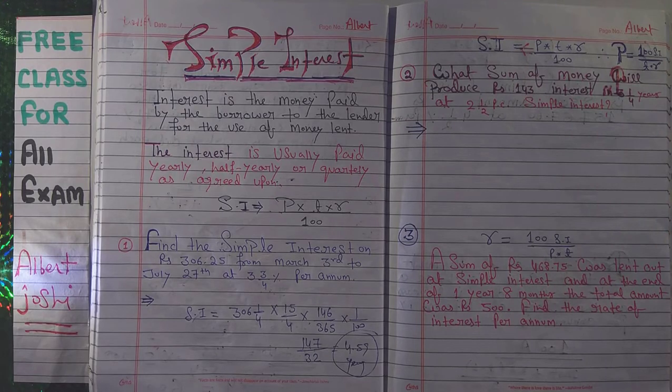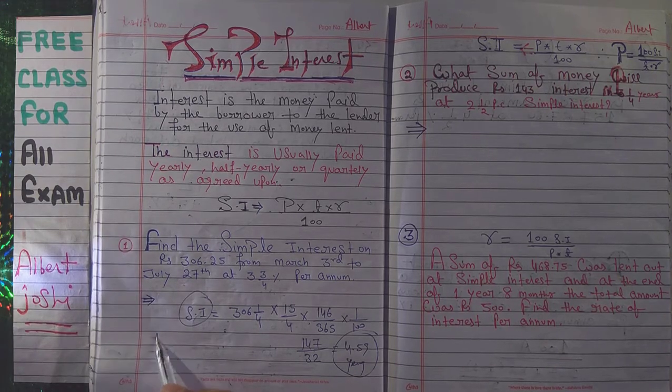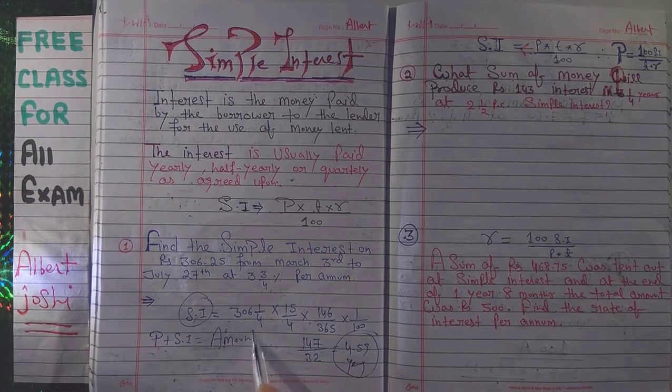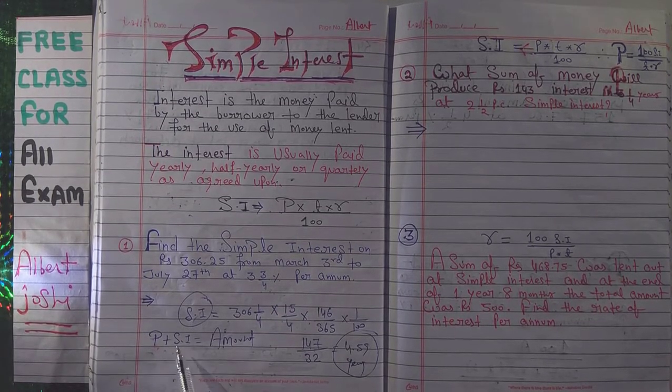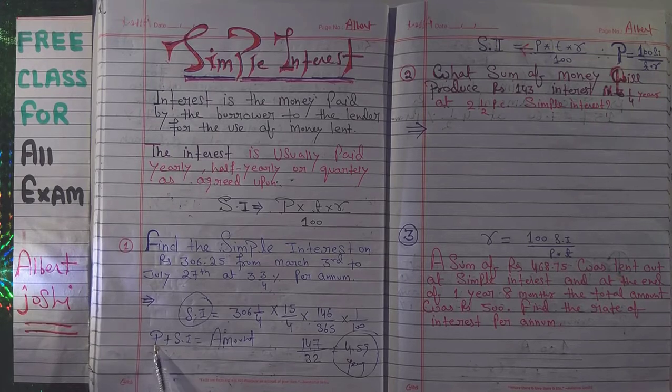I will give you another formula. You know that if you add principal plus simple interest, then you will get the amount. In simple interest you have P into T into R upon 100, so the amount is P plus P into T into R upon 100.